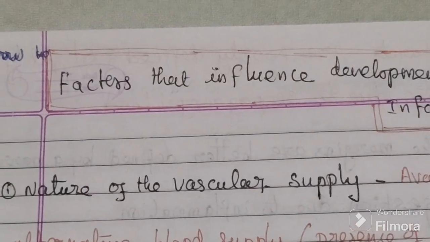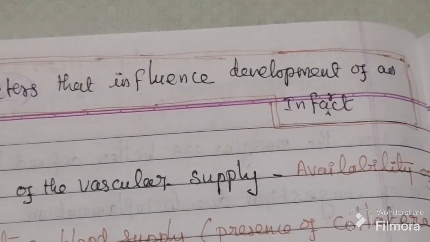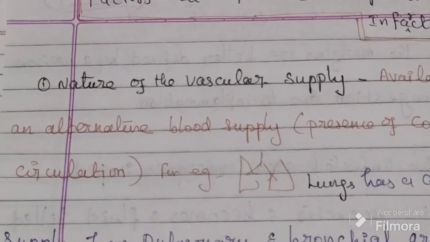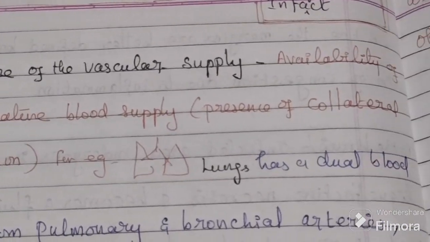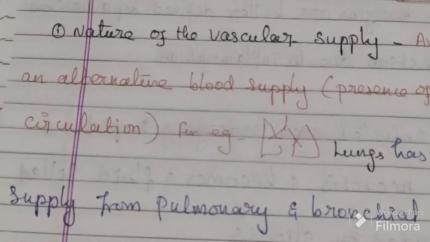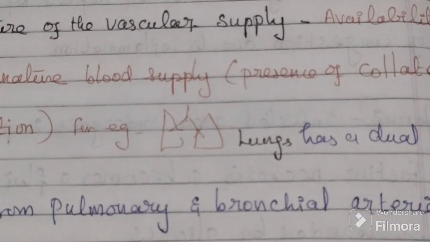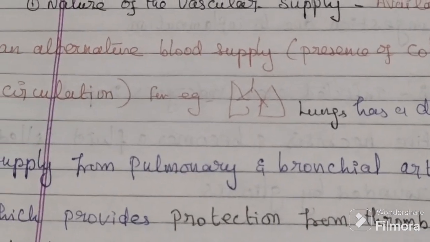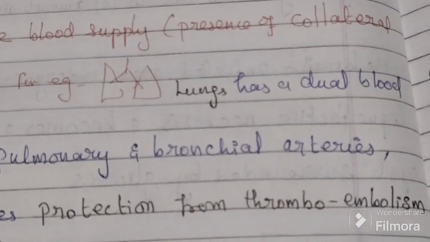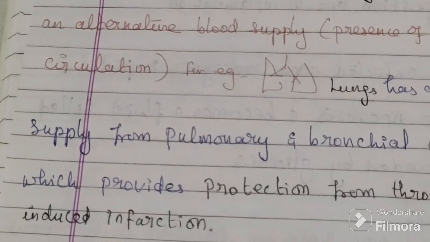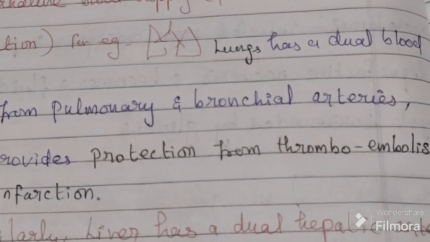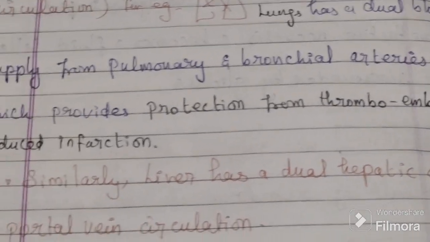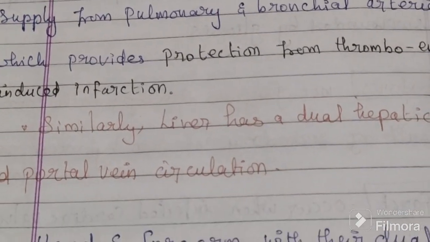Now let's discuss the factors that influence development of an infarct. First one is the nature of vascular supply: the availability of an alternative blood supply, in simple words, the presence of collateral circulation. For example, the lungs have a dual blood supply from pulmonary and bronchial arteries, which provides protection from thromboembolism-induced infarction.